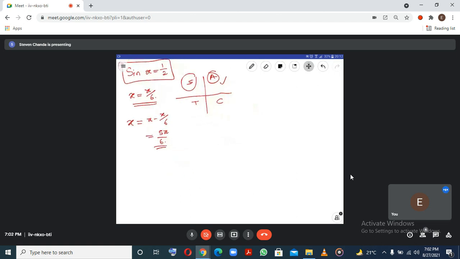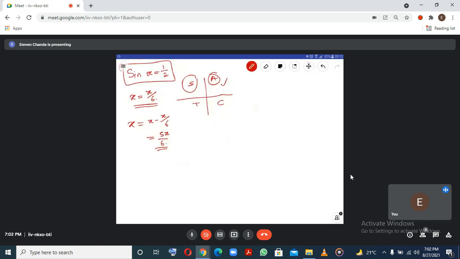What do coterminal angles tell you? Those are angles which, if you've got 30 degrees, the value is going to be the same with, is it 33 degrees? Let me just confirm. Or 330 degrees.